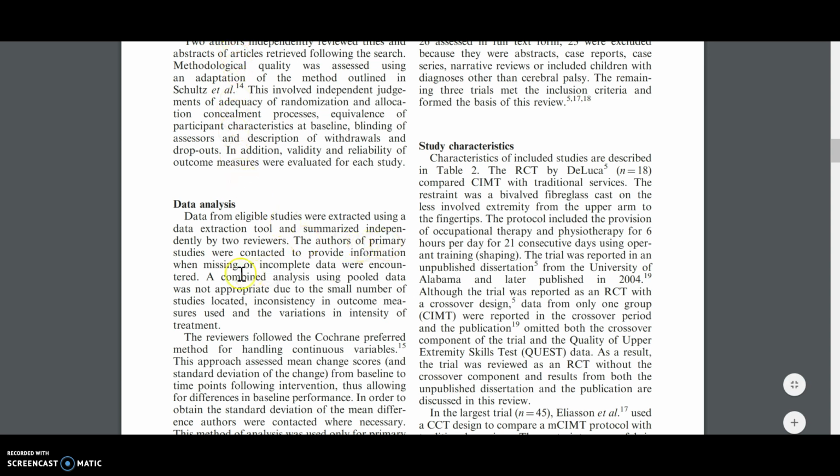The authors of primary studies were contacted to provide information when missing or incomplete data were encountered, meaning if they had an article that they were looking at, they would contact the author of that article to get more information that wasn't clear based on the article that they read. And we've had that, right? Where you look at articles and it looks like there's some missing data or something that doesn't make sense by the time you get to the conclusion of that article. So they reach out. They ask a few more questions.